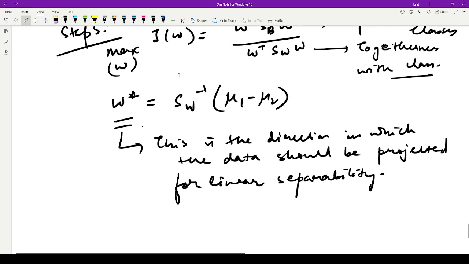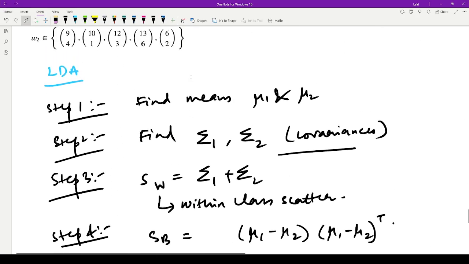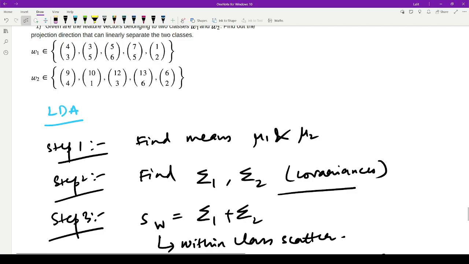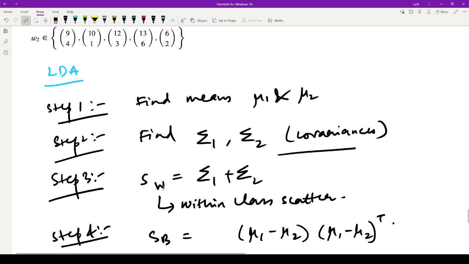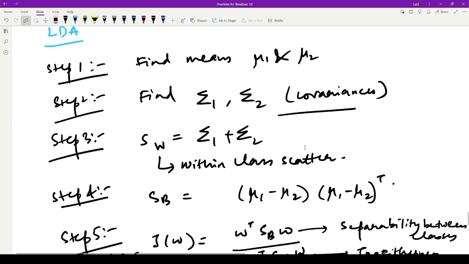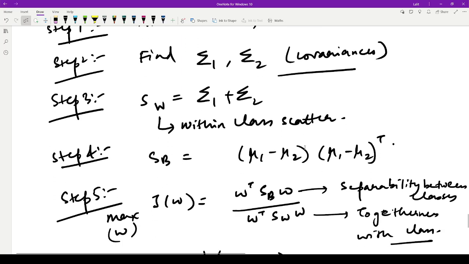Is the procedure fine? We'll just compute the means of each class, the covariance of each class, sum the covariances which gives us the within class scatter, and this is the between class scatter.